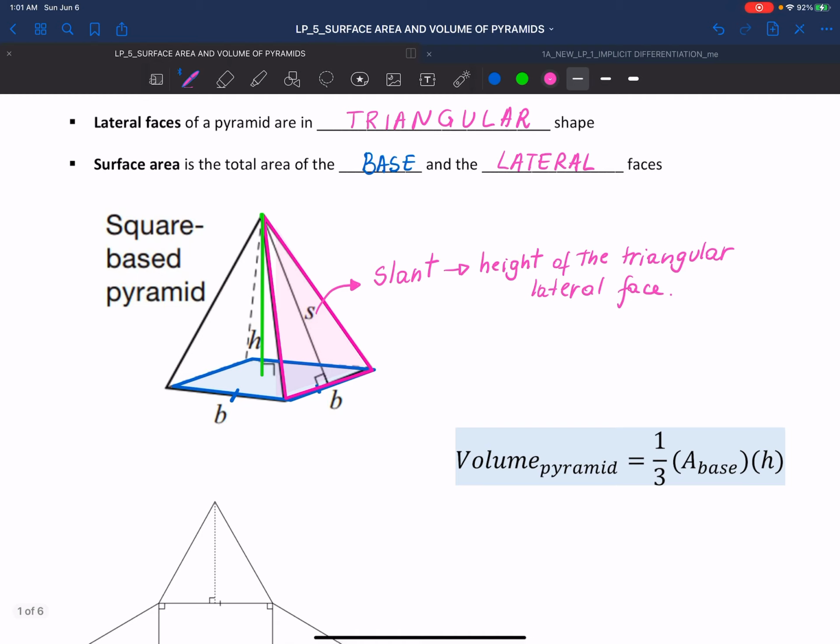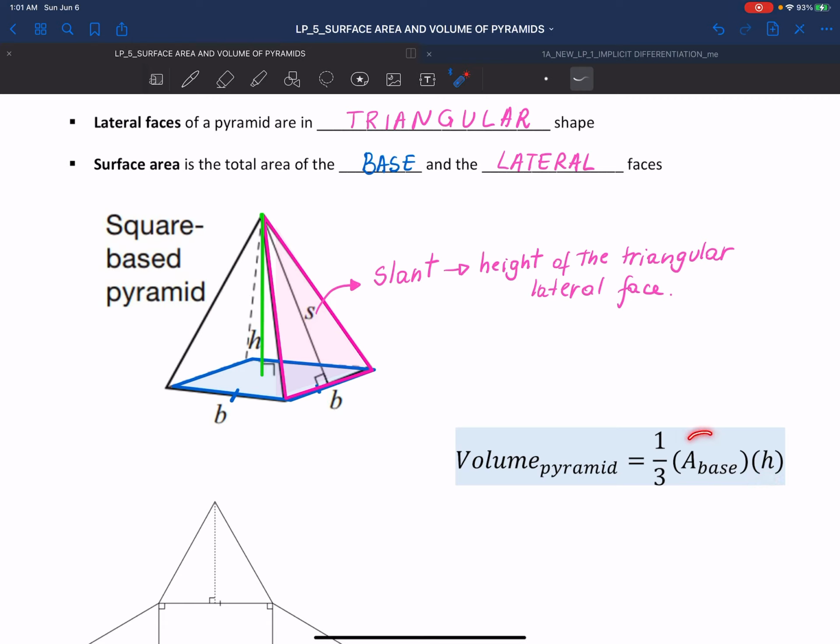Now, to determine the volume of the pyramid is very similar as when we determine the volume of a prism. It will always be area of the base times height, but this time we take 1/3 of the product of area of the base with height.